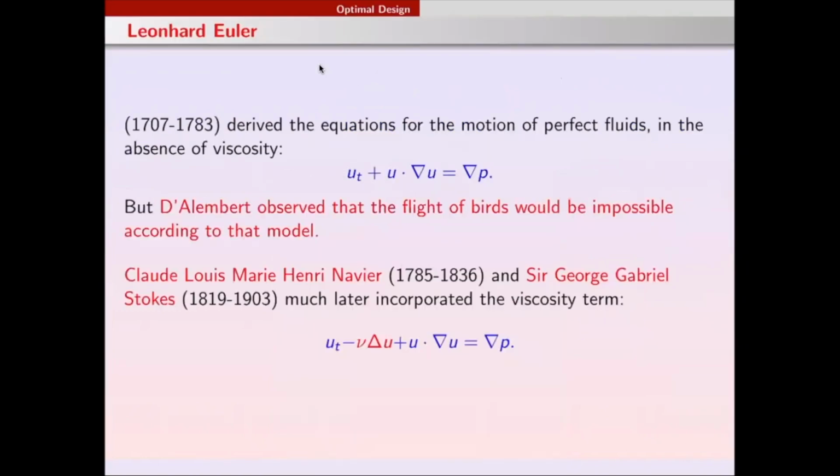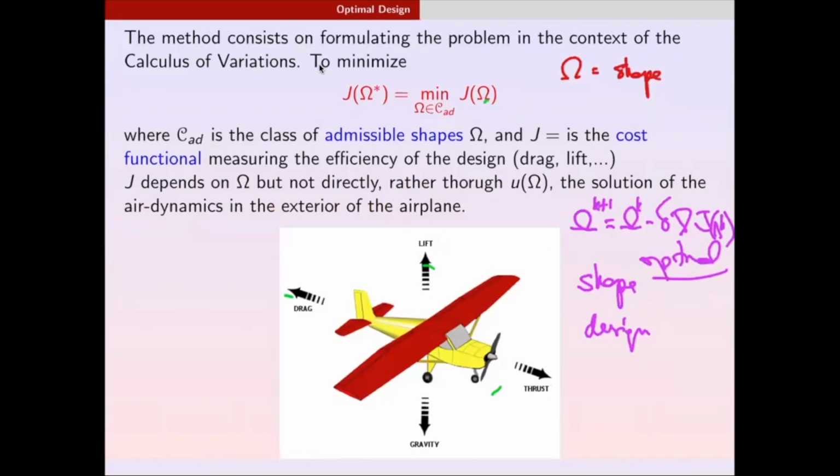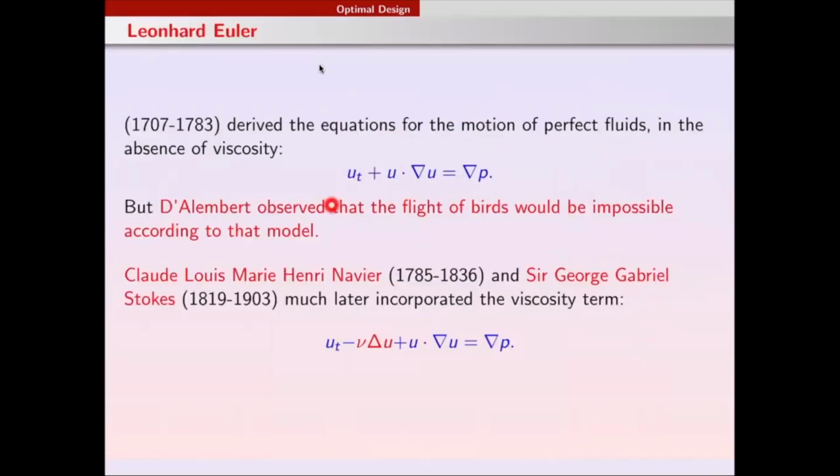Okay, good, very good. But now, as I said, it's not only about the geometry. If you want to really solve this problem, you have to compute the gradient of this functional, and this functional is quite involved because for every shape, you have to compute the flow of air around that shape. And this requires solving the equations of fluid dynamics, either Euler for perfect fluids or Navier-Stokes if you are taking into consideration the viscosity of the fluid.